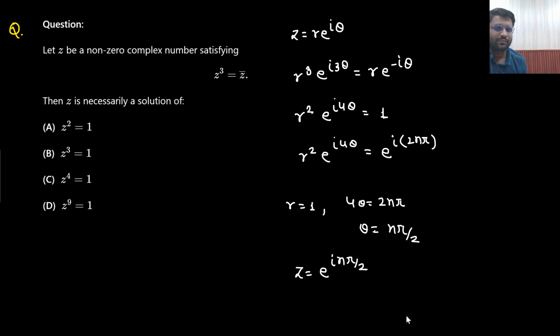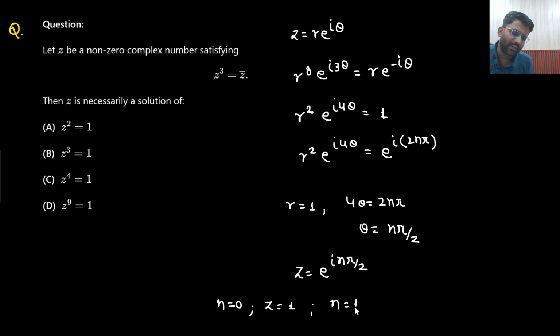Z equals 1 will be one of the answers. Now I can put n equals 0, and I get Z equals 1.